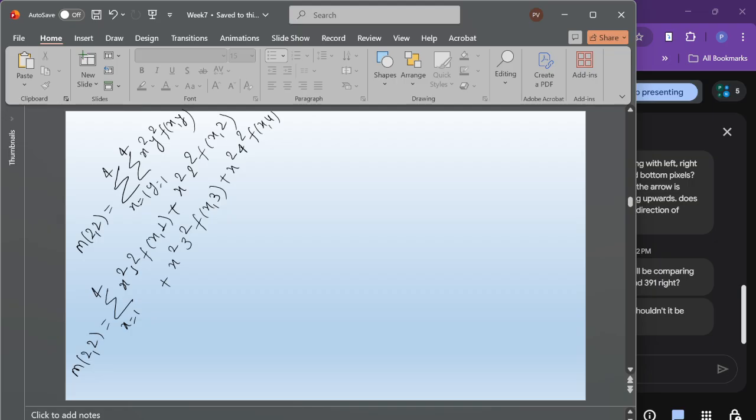Now open the summation for the x. So here again for the 1, 1 square into 1 square, I'm just writing 1 f11 plus 4 f12 plus 9 f13 plus 16 f14.